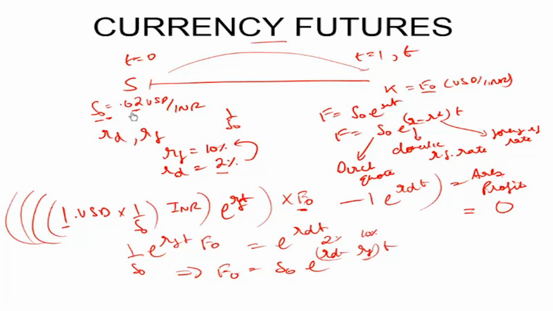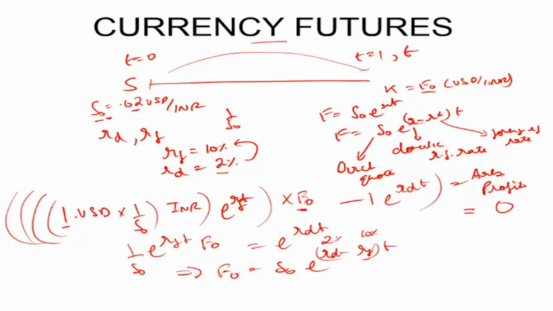So what was 0.02 USD per INR would probably be 0.019 USD per INR, or the rupee will depreciate, such that when you try to exploit this arbitrage, you may earn 10% in India, but when you repatriate it back, it would have been lost to the extent of 8%, such that you eventually make only 2%, which you could have anyway made in the US as well, and there will be no arbitrage profit.